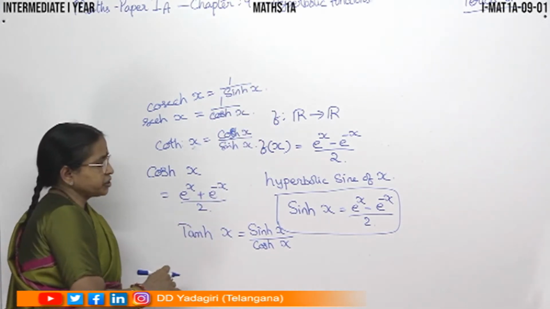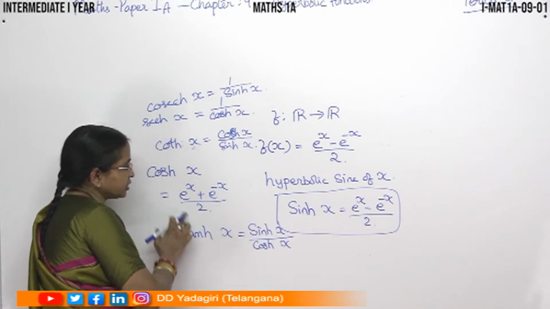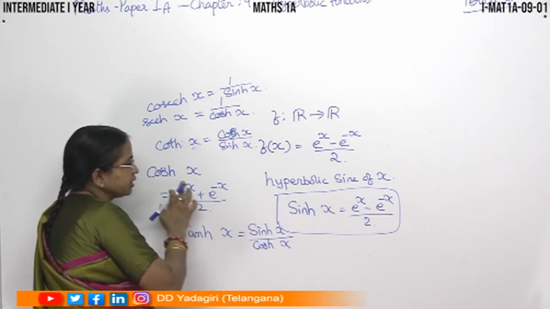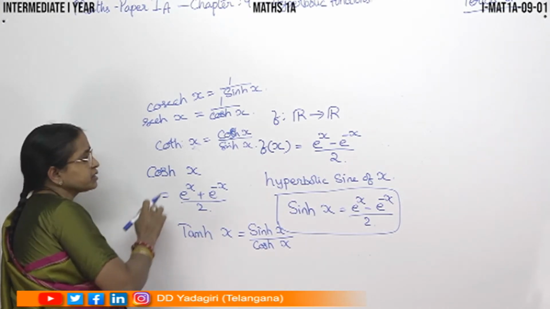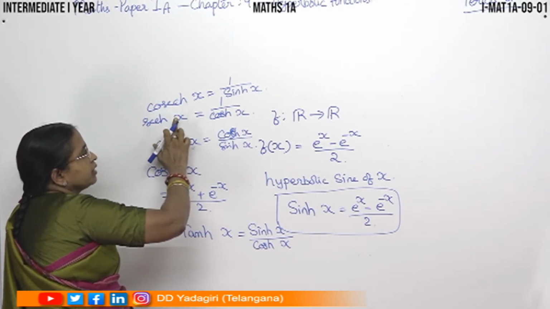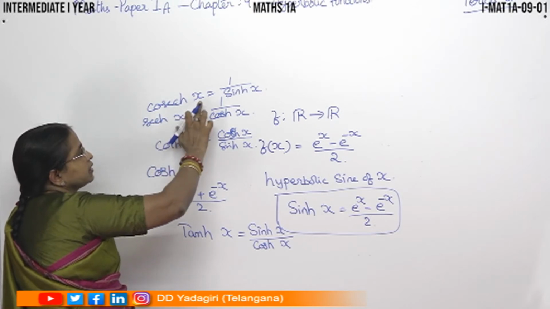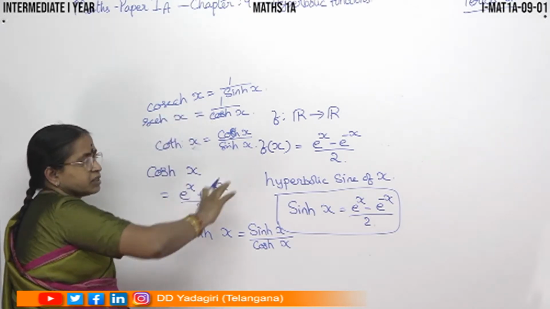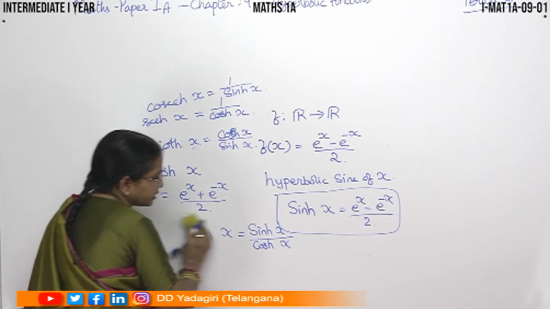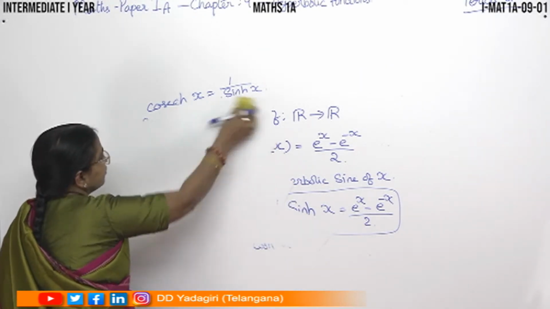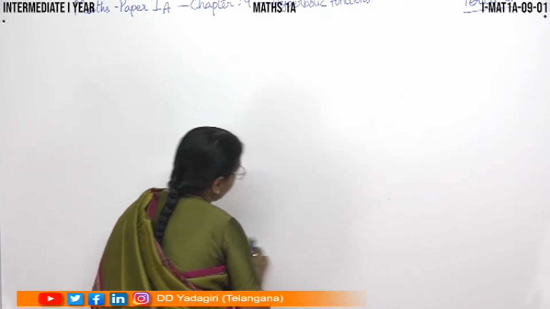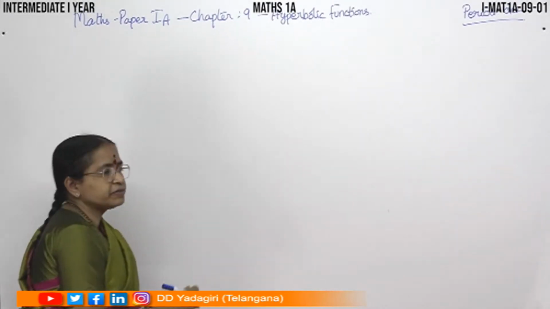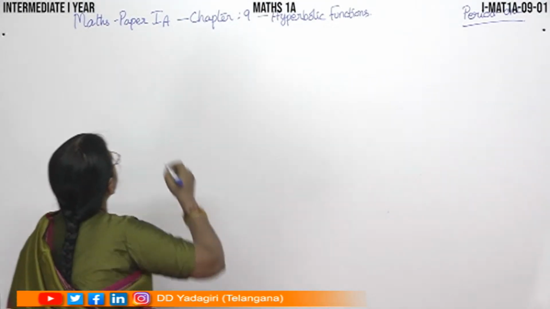So these 6 functions, hyperbolic sine, cosine, tangent, cotangent, secant and cosecant of x, are called hyperbolic functions. Now we'll write these definitions. We'll draw the graphs and then we'll do some simple problems.